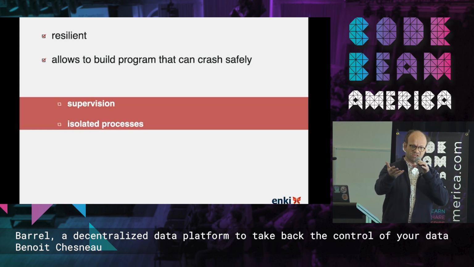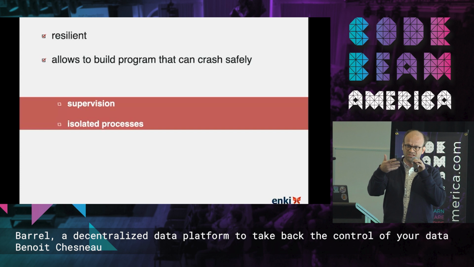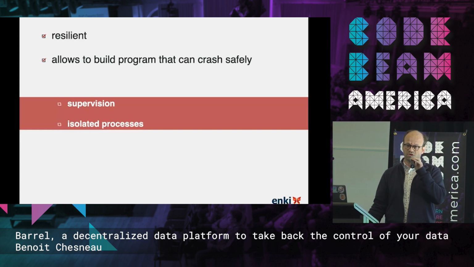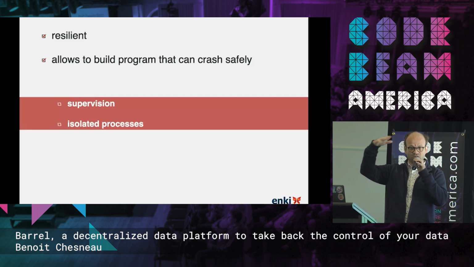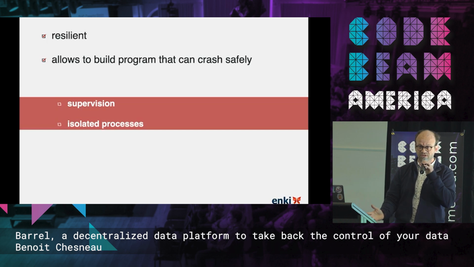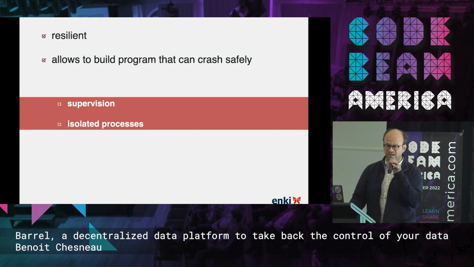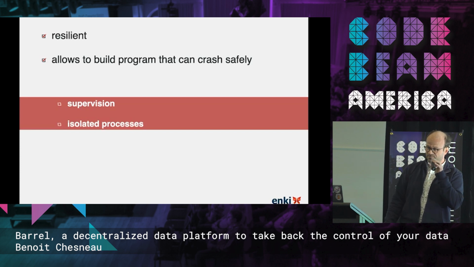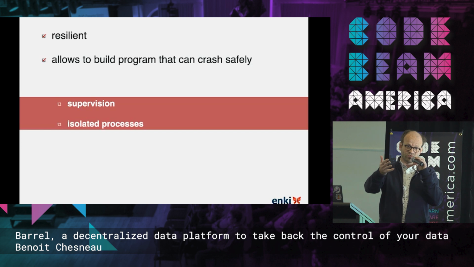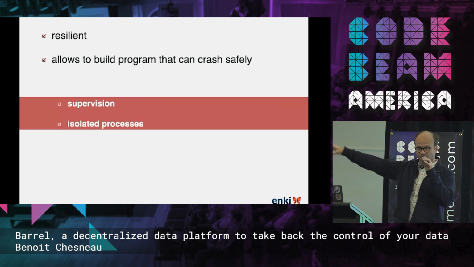Closing a database is not like closing any stateless program. You need to make sure that your data is flushed to your disk. You need to make sure that the indexes that were running will finish before closing anything. This is very easy to do with supervision. You also want to be able to detect that a process crashed, because then you can say, don't handle the data here, keep it on another node.